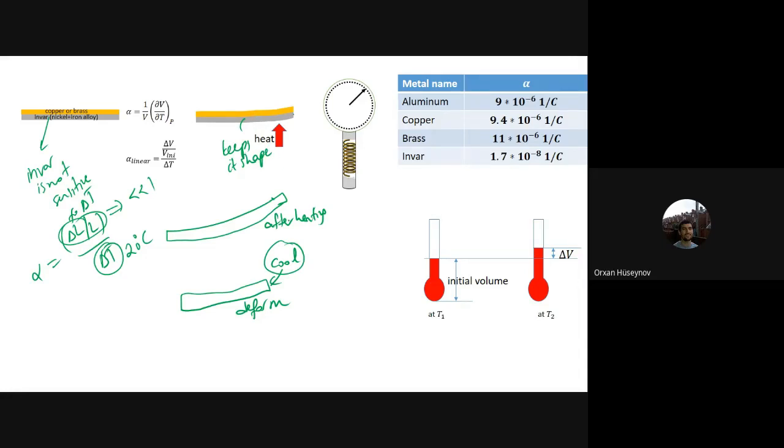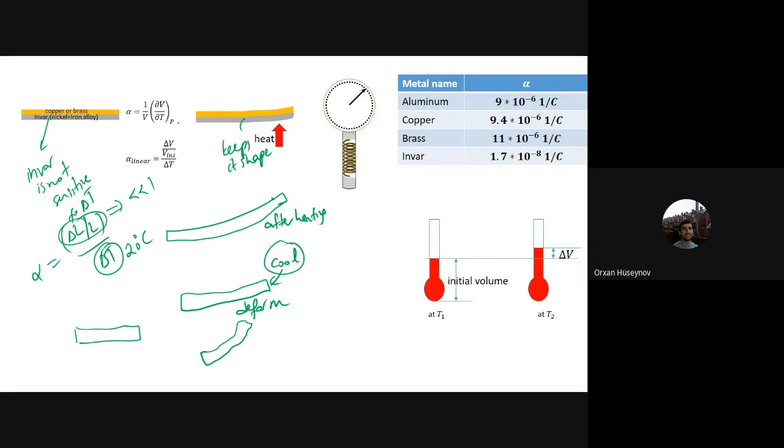So deformation doesn't always happen when you cool it. It can also happen when you heat it. Say that this is the copper initial shape, and when you heat it, it can get something like this. It doesn't mean that the deformation happens only during the cooling process. In the heating process also, you can have the deformation.